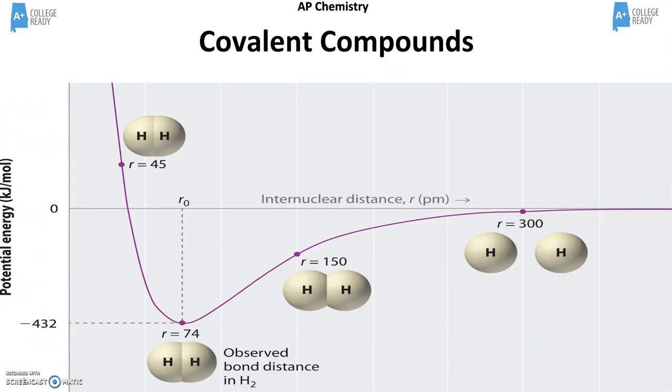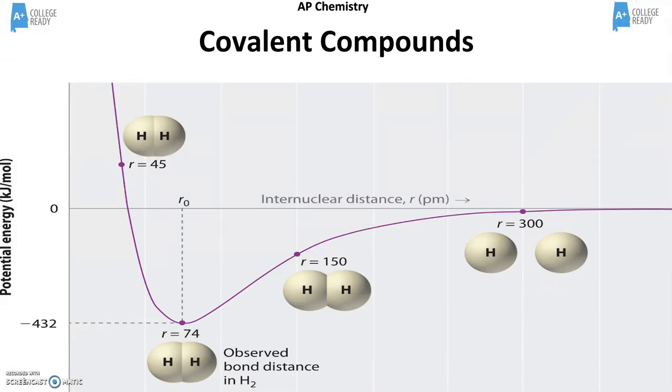So let's look at hydrogen, for example. If you notice the radius at the top of 45, is that the highest? No. The highest potential energy that we see is at 45, but the lowest, the observed bond distance, the radius, is 74. So if you notice, where does it really want to be? It wants to be at the lowest possible energy.